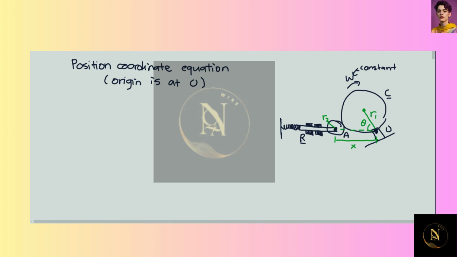So the x coordinate of A can be determined using the law of cosines, because over here we have a triangle.